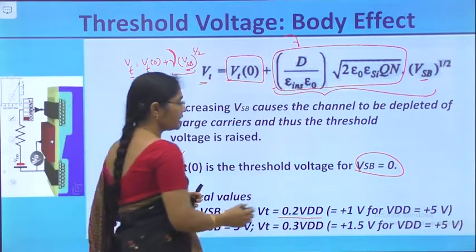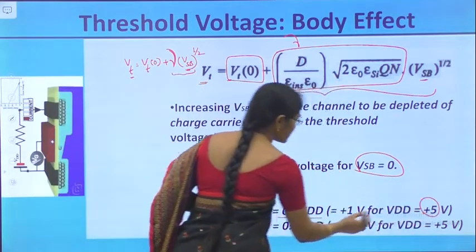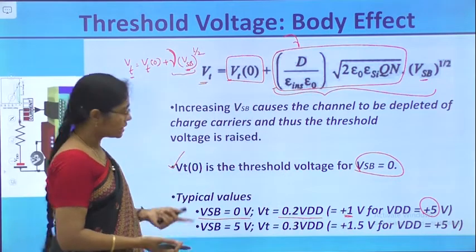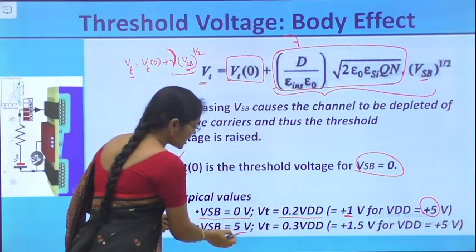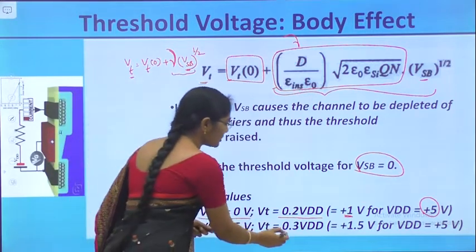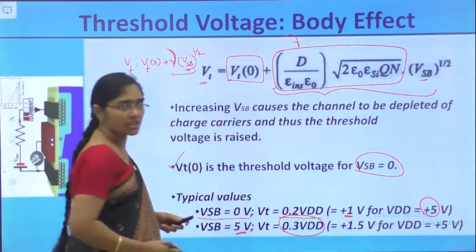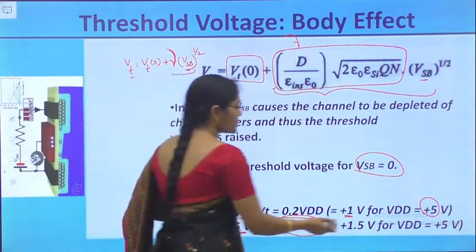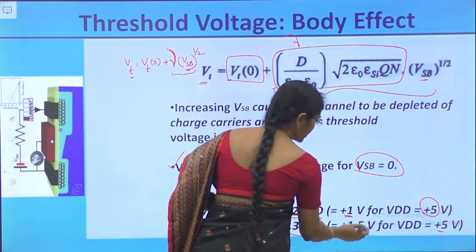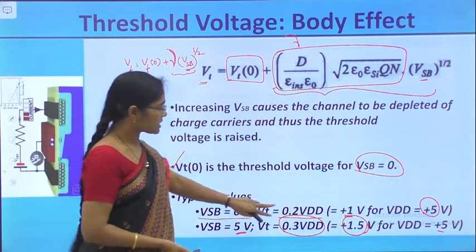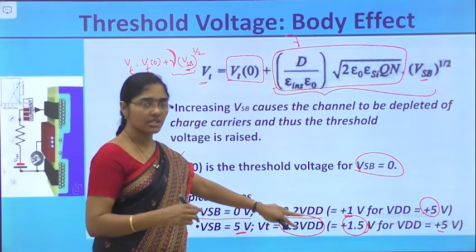For example, if VDD is 5 volts, then 0.2 VDD becomes 1 volt. If VSB is increased from 0 to 5, then Vt becomes 0.3 VDD, which is greater than 0.2 VDD. That is, if VDD is 5 volts, it will become 1.5 instead of 1. So, these are the typical examples for the NMOS transistor.